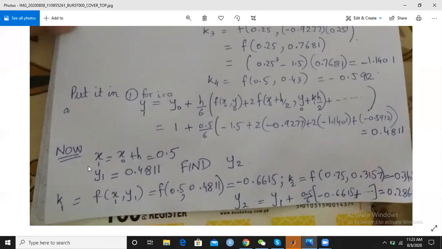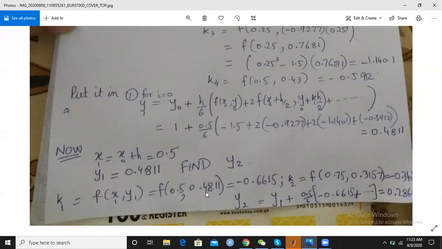All right, so you can see here that you have got now the new K1. The difference between the previous K1 and this K1 is that now you have got the inputs X1 and Y1. Okay, so you can see here X1 is 0.5, y1 is the value that you have obtained using the RK4 method. So it is your achievement, 0.4811.